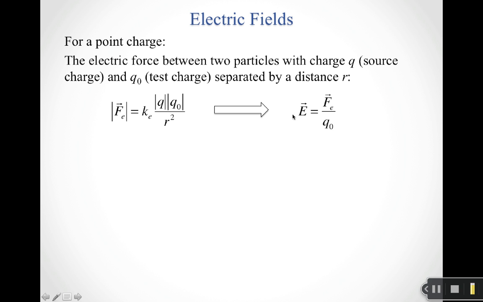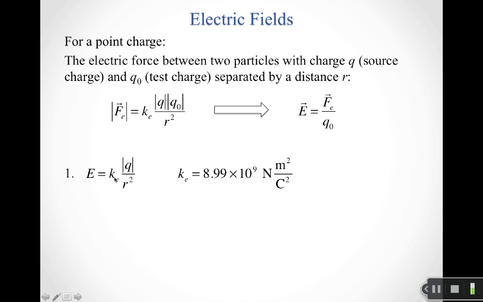Here's what I know from Coulomb's law about the magnitude of that force. Here's what I know about how the electric field will relate to that force. And so what this tells me is a couple of things. One, I'm just dividing out the contribution of that charge. And since we're probing the electric field with a positive test charge, it doesn't really matter whether or not this is in absolute values.